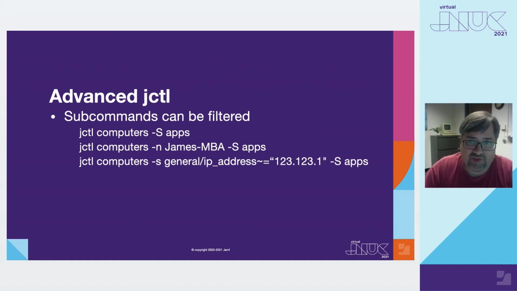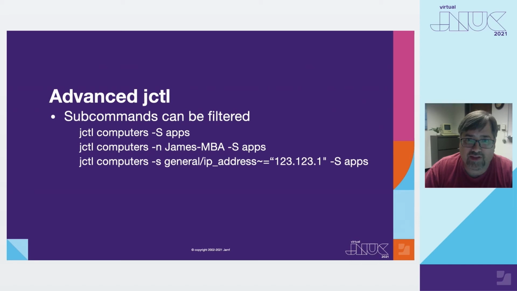Jctl subcommands can be filtered by ID, name, regular expression, or a data search pattern, just like the regular CRUD Jctl commands. The first line on this slide prints all the apps for all computers. The second line with Jctl computers -n for name restricts that command so it only prints the apps for the computer with the name James-MBA.